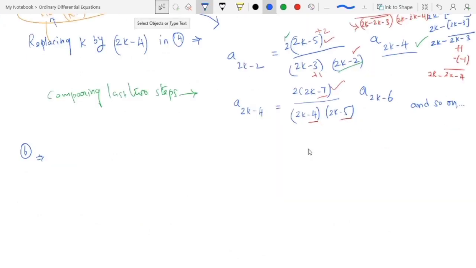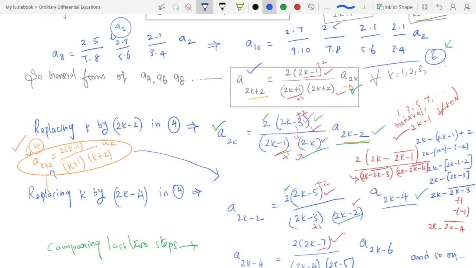So equation 6 implies a2k plus 2 is equal to 2 into 2k minus 1 by 2k plus 1, 2k plus 2 into a2k. That a2k will be replaced by 2 into 2k minus 3 by 2k minus 1 into 2k, a suffix 2k minus 2, whereas a suffix 2k minus 2 will be replaced by 2 into 2k minus 5 by 2k minus 3 into 2k minus 2 into a suffix 2k minus 4. It will be replaced by the next consequence.